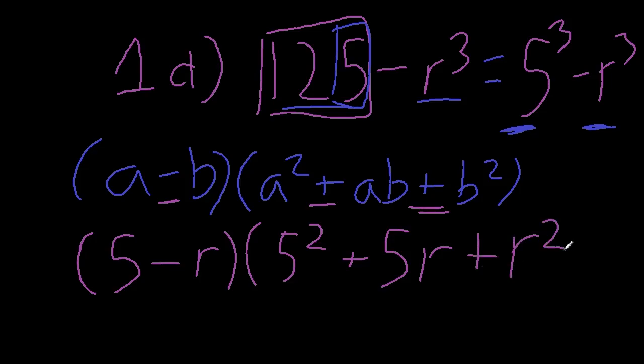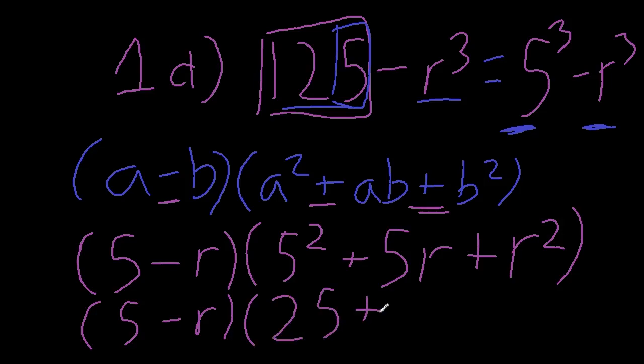So I'll write r squared. We're almost done. I just have to simplify one thing. The 5 minus r is already simplified. I can just bring it down. The 5 squared we have to simplify. 5 times 5, 25. Everything else you can just bring it down. So that's our final answer.